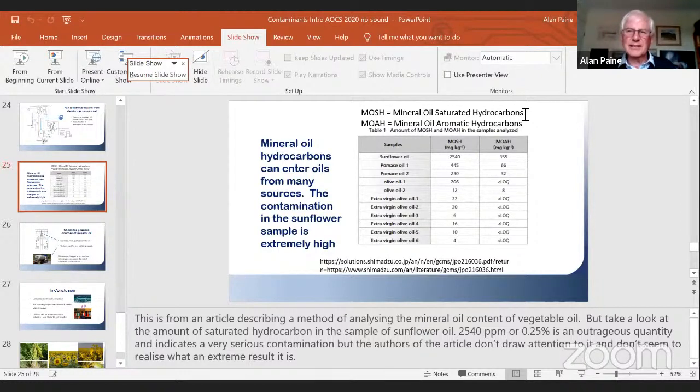So I don't think it's a clear answer. There's not a clear answer to that at the moment. The best answer is for it not to be there in the first place, although it can't be zero, because as you handle the seed, it's going to come into contact with lubricating oils and various other things along the way.